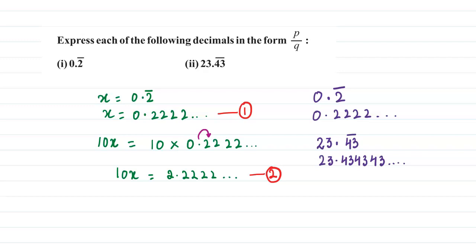Now our purpose is to get rid of this recurring part, this part which is repeating and which doesn't let us find out the value of the rational form of 0.2 bar. So what we are going to do is subtract equation 1 from equation 2.